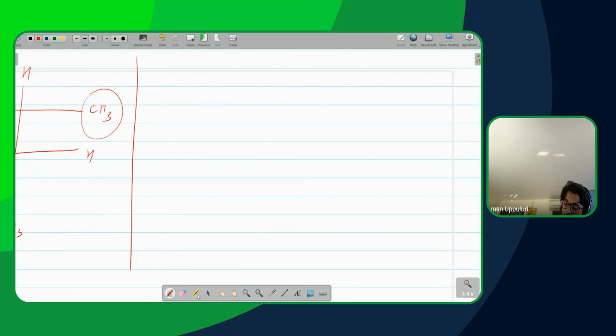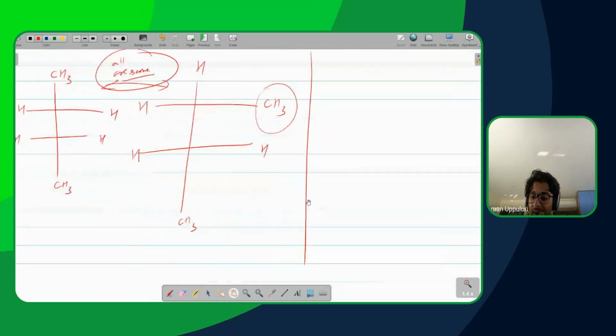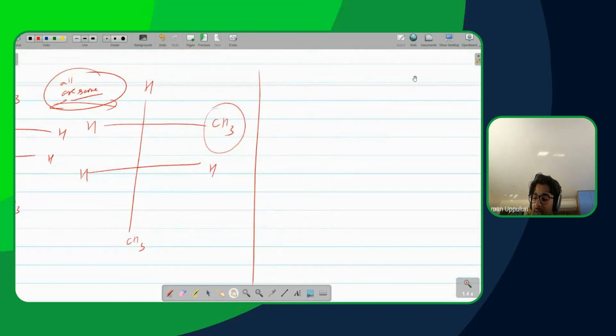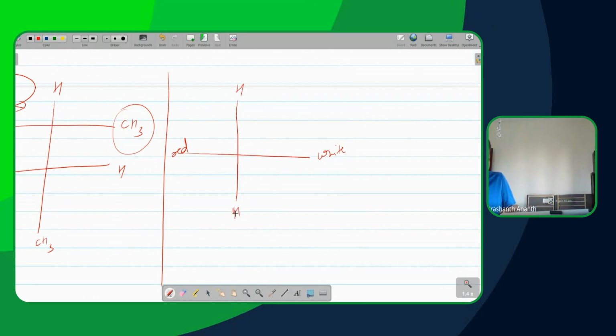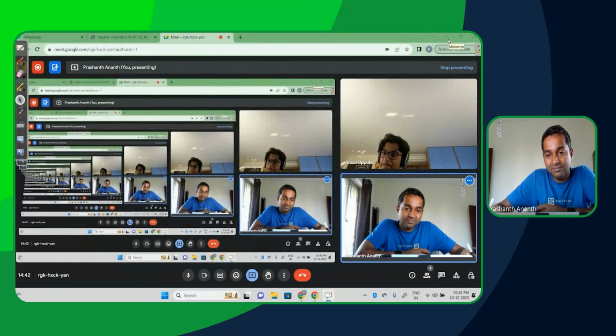Optically active means if you take this compound and project plane polarized light through it, then it will rotate. Yes, that we talked about already. Tell me something we have not discussed, something we learned this week.